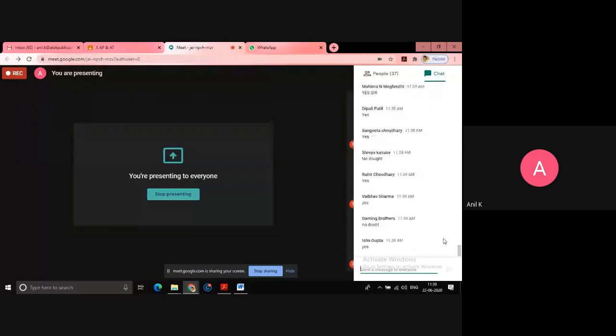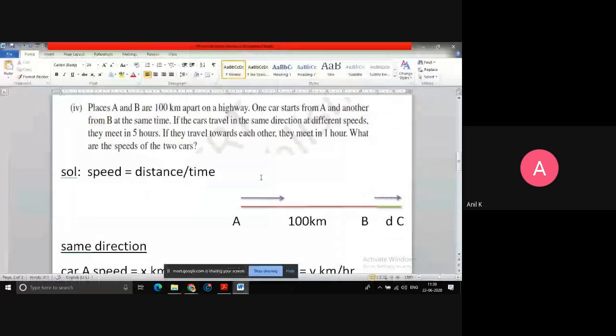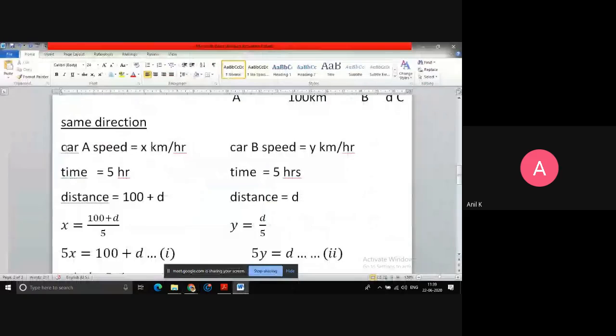Once you are a master in solving these questions, then a few steps you can skip writing individually. You can start directly: speed equals distance upon time. Keep writing.